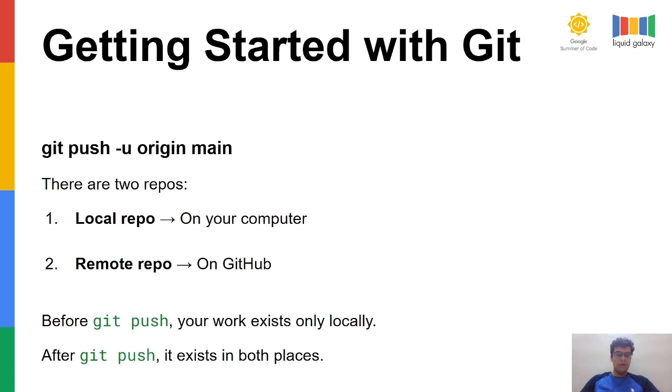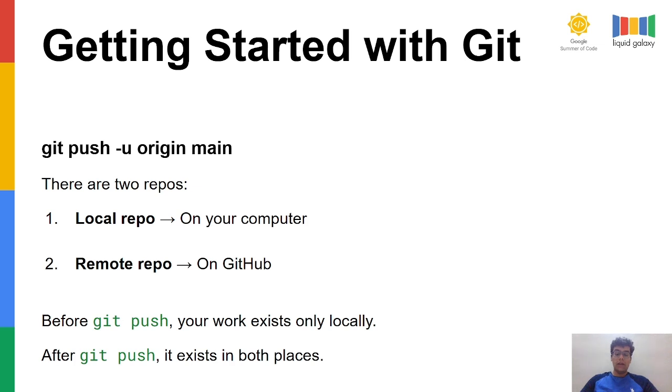So until the push, commits only exist locally. So local repo means on your computer, and then remote repo. So before push it exists locally, and after git push it exists in both places.